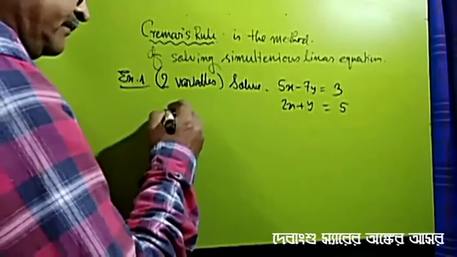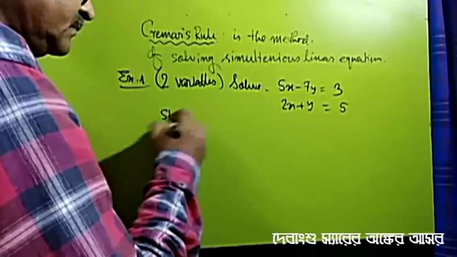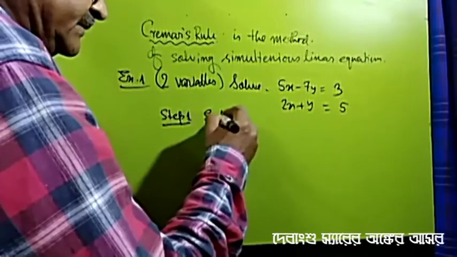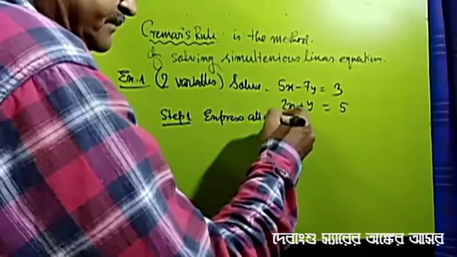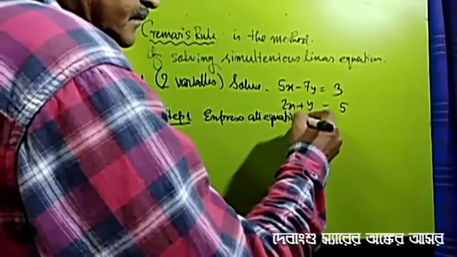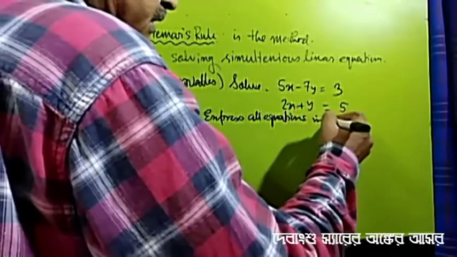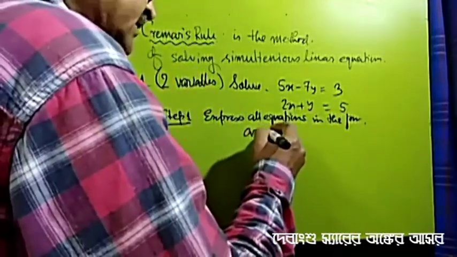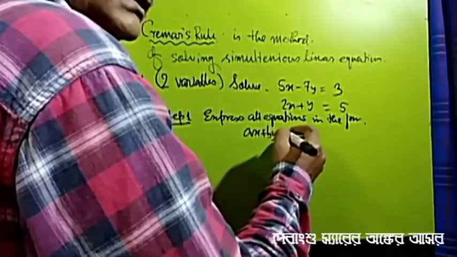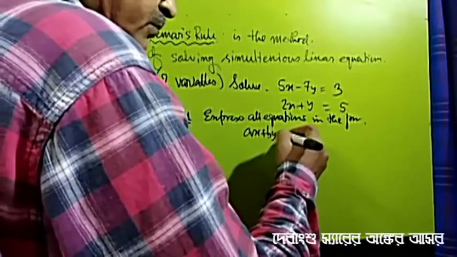Step 1, express all equations in the form ax plus by equal to c.